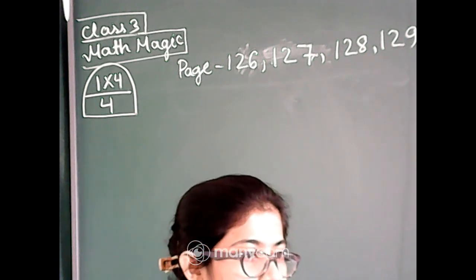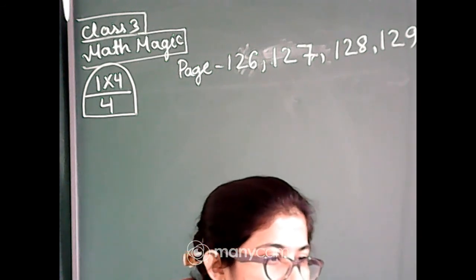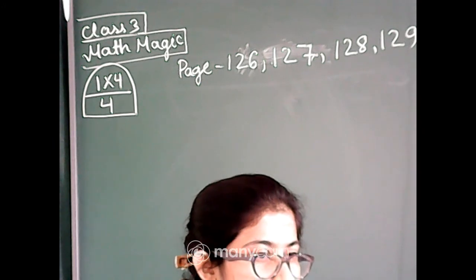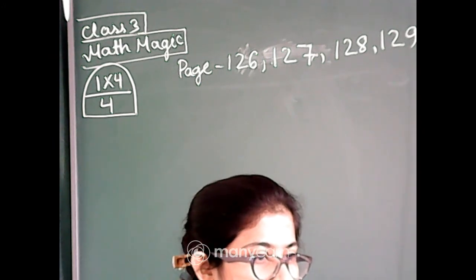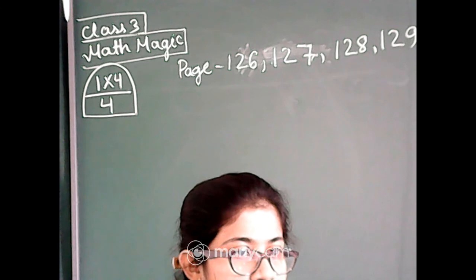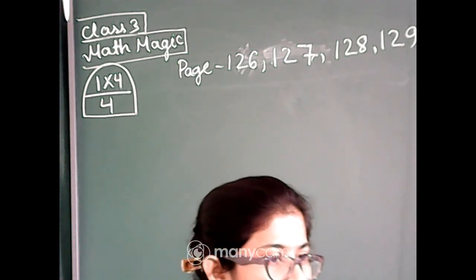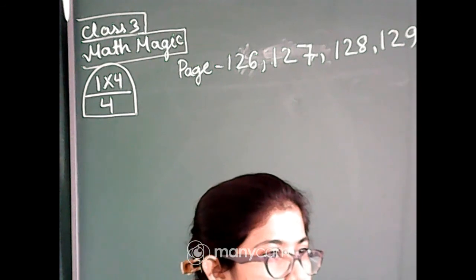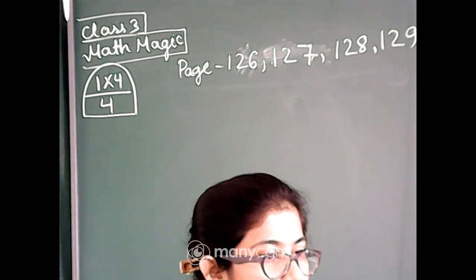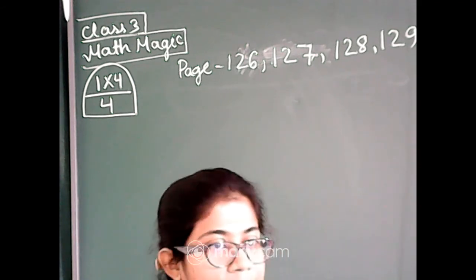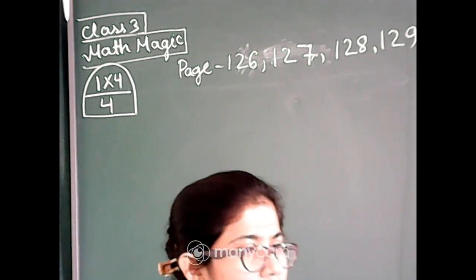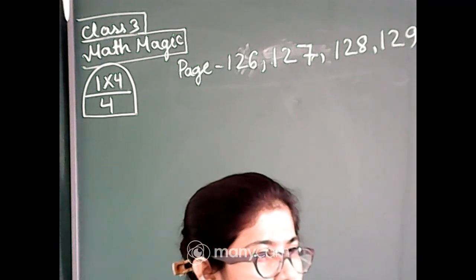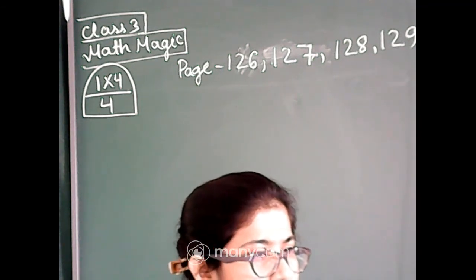Dhriti Mondol, page number 126. Okay, correct. Dhriti Mondol, page number 127 is correct. Okay, now Aditi is all right.